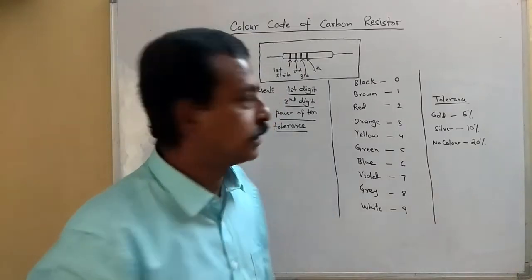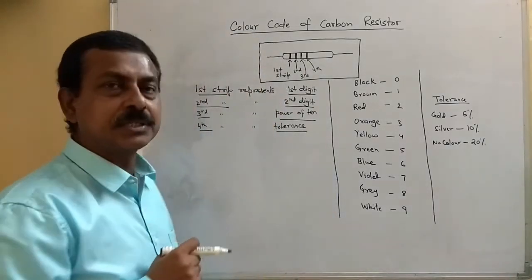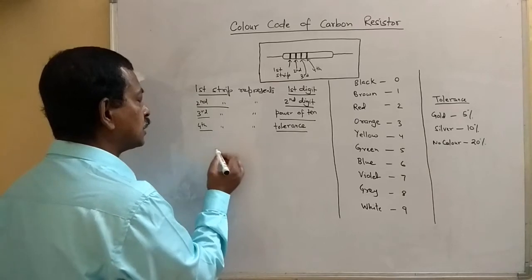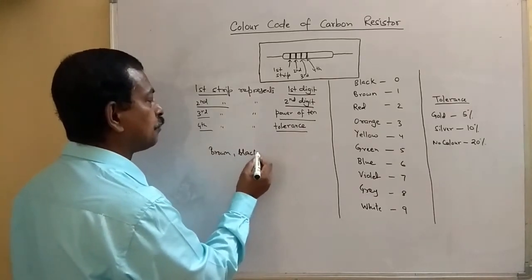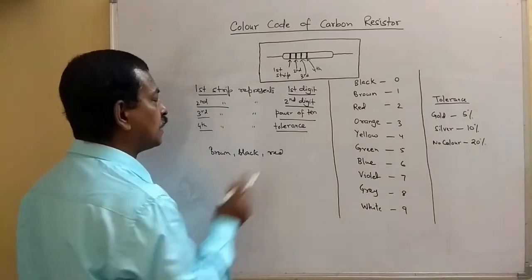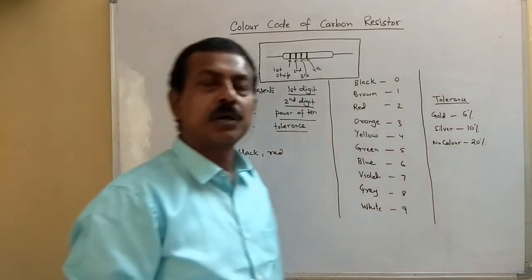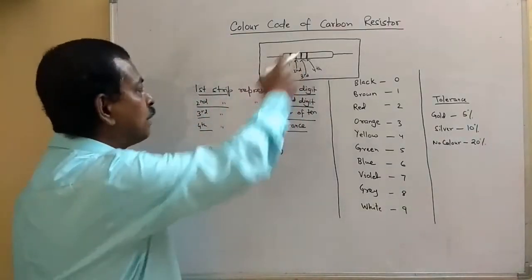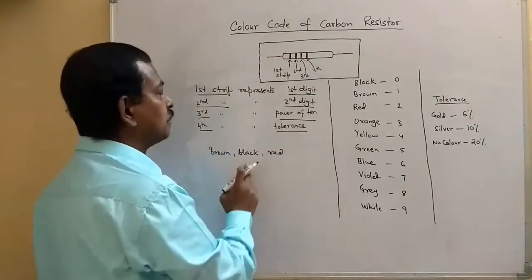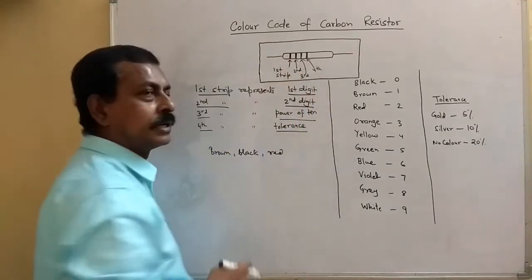So let's apply that. Suppose for a carbon resistor, the color sequence is given as brown, black, red. That means the first band is brown, the second is black, and then it is red.